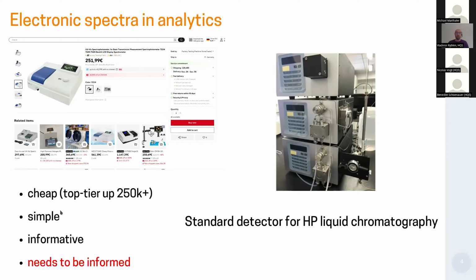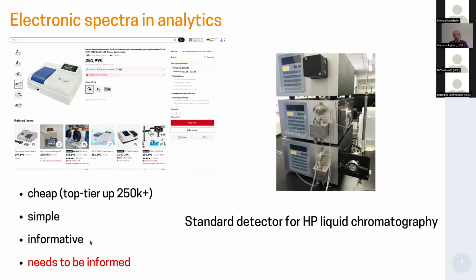Of course, the better ones can cost 2-3 orders of magnitude more, up to 250K euros, but even this is cheaper than the average high-field NMR device. They're also simple to use. They don't need any cryogenics. They stand on your desktop and you put a flask of your chemical inside or a pellet and you get your spectrum. So it's simple.